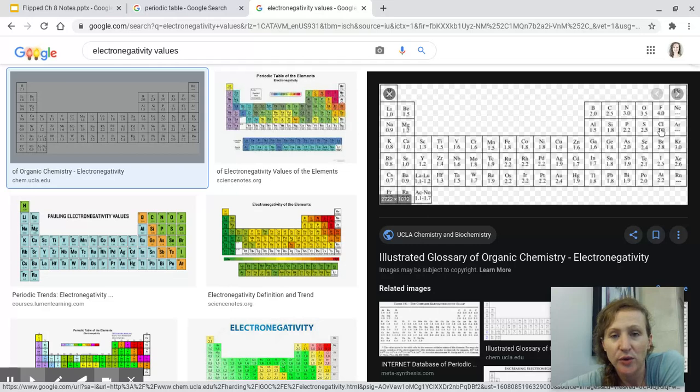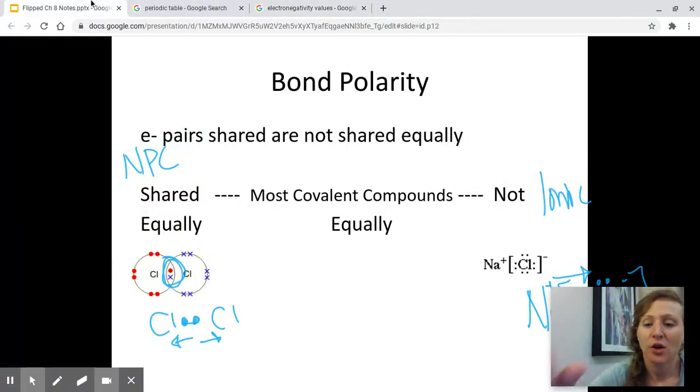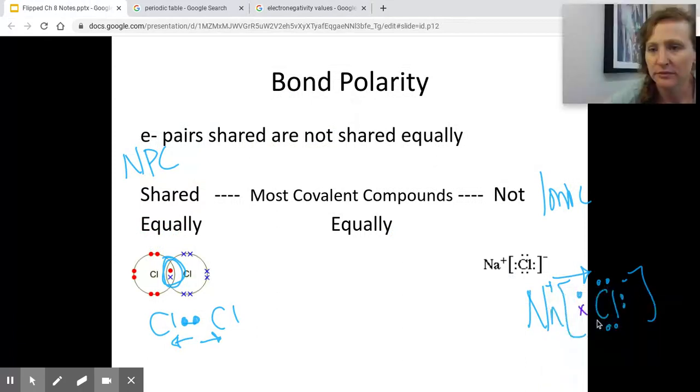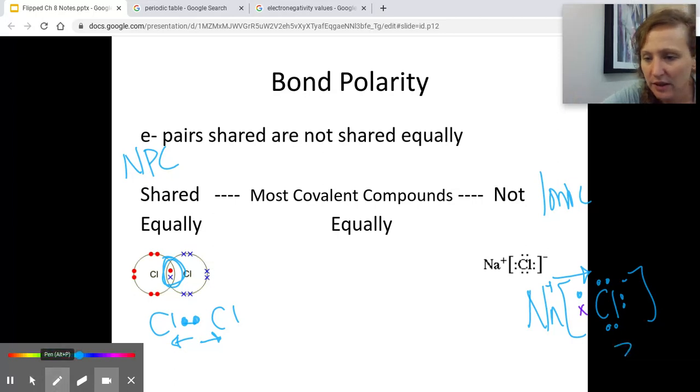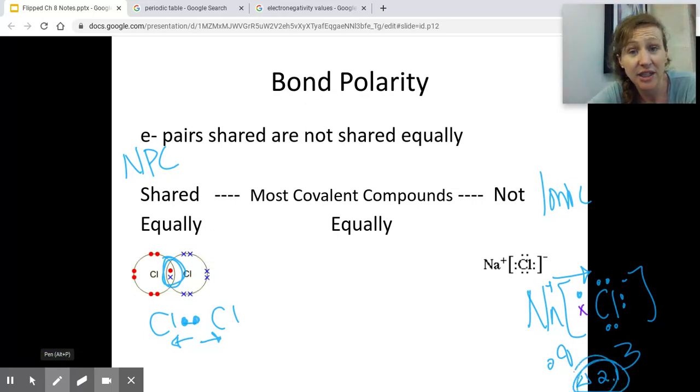So in a chlorine-chlorine bond, you have a pull of 3 on both of those electrons. They're not going to move. They're going to be shared equally. But if we look at the chlorine-sodium bond, chlorine is a 3, sodium is a 0.9. That's a difference of 2.1, a pretty big difference in electronegativity. Chlorine is going to have a really strong pull compared to sodium, and it's going to just take those electrons.